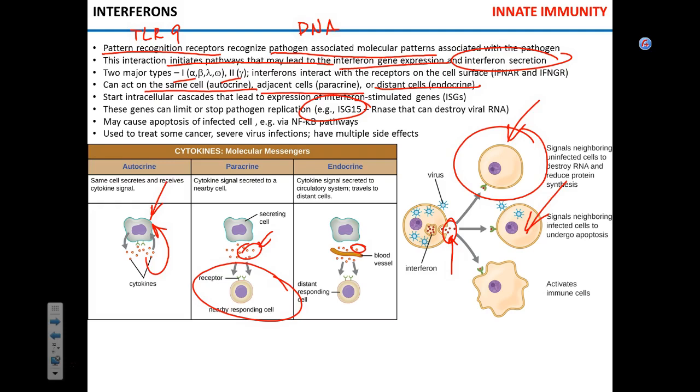For a long time, interferon was used as the main, actually the only, treatment for hepatitis C. The efficiency of that treatment was pretty low. The clearance rate was about 25%. So out of 100 patients that got treated with interferon, only about 25% cleared the virus.